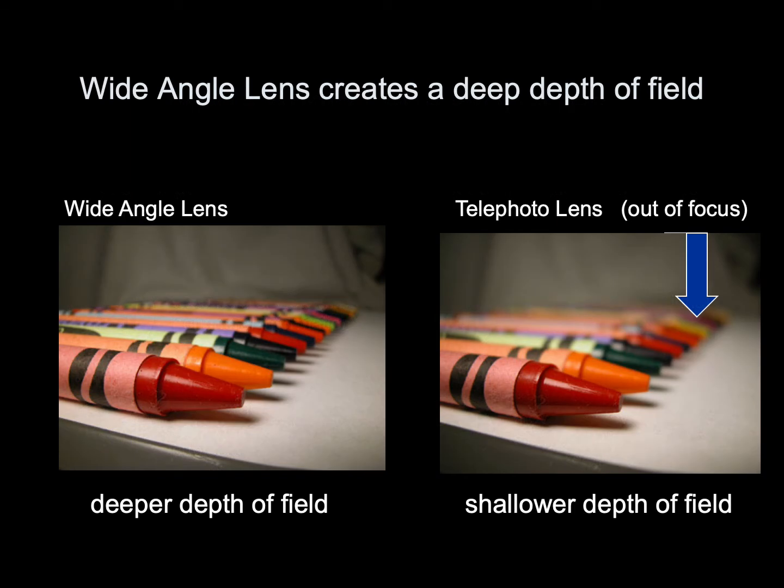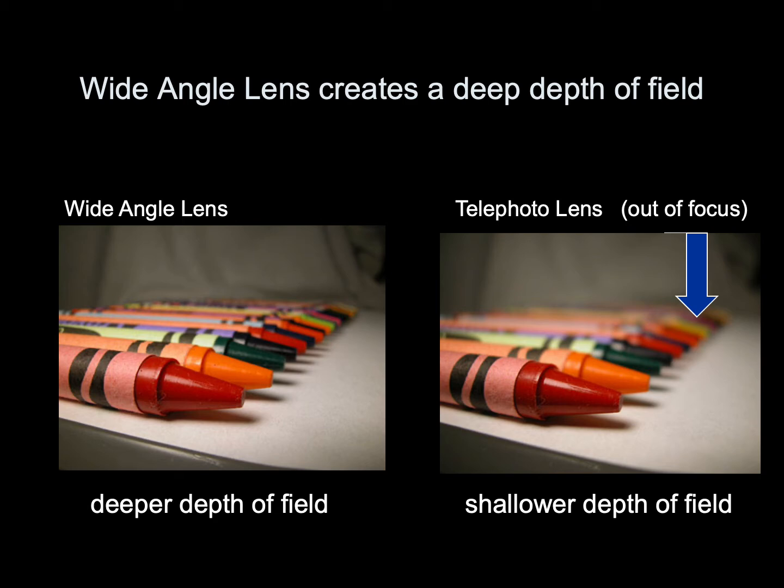Let's take a look at the same image composed with a wide-angle lens on the left and a telephoto lens on the right to explore a deep depth of field. In the image on the left, if we counted back how many crayons were clear, sharp, and in focus, it would be about 6 or 7.